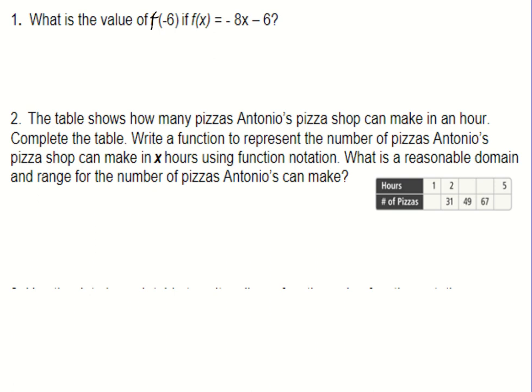So what is the value of f of x, or f of negative 6, if f of x is negative 8x minus 6? So it's doing exactly what I just did in the last one, except now with negative 6 in this equation. So f of negative 6 equals negative 8 times negative 6 minus 6.